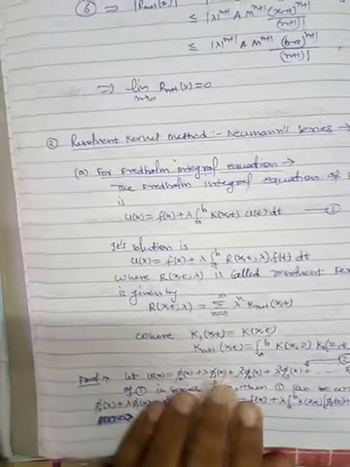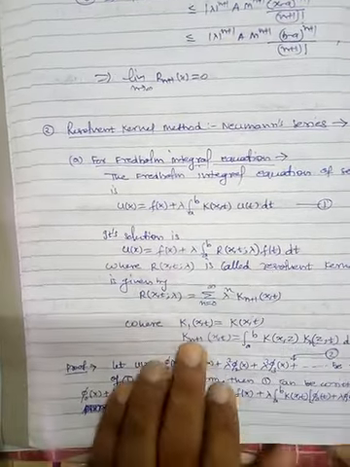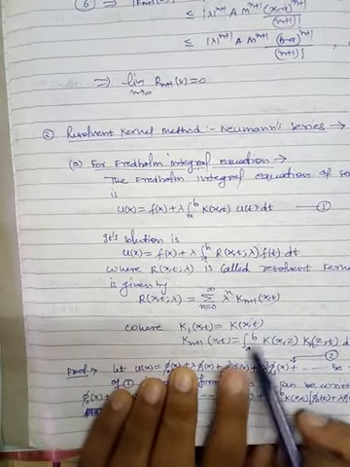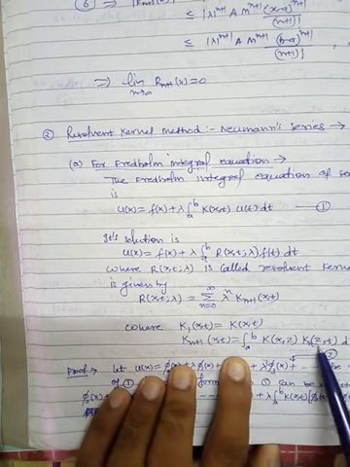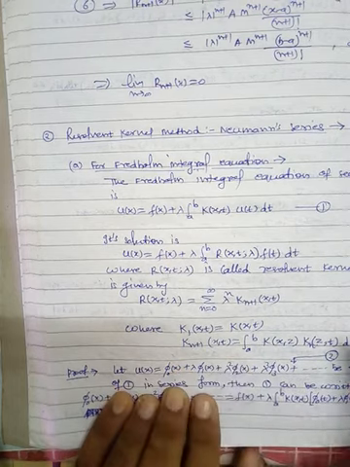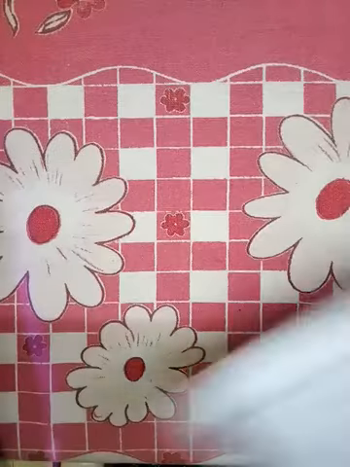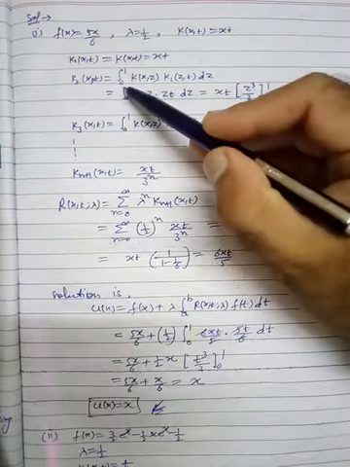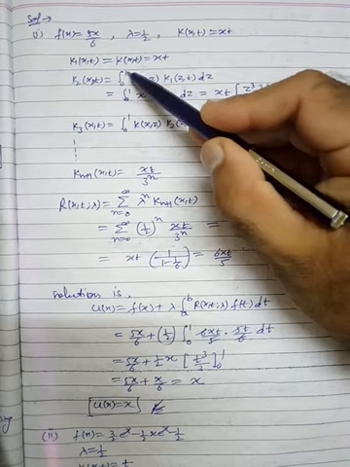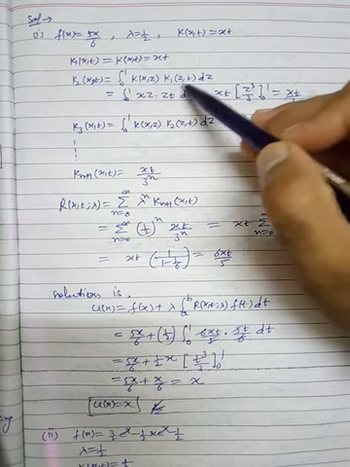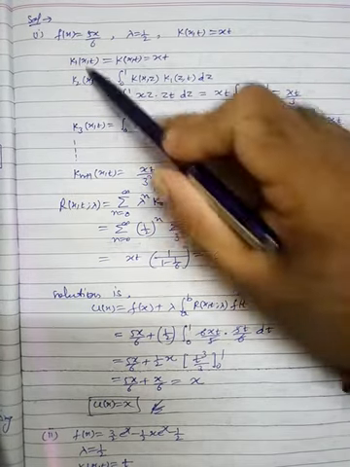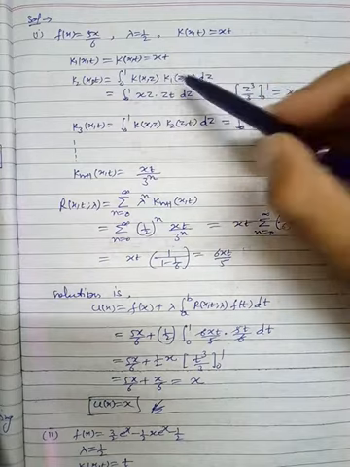This was the Fredholm integral equation. This is the iterated kernel, integral from a to b of K(x, z) Kn(z, t) dz. So we have to apply this formula. According to this formula, this is a to b, that means 0 to 1, K(x, z) K1(z, t) dz. This is K2. Substitute the values.